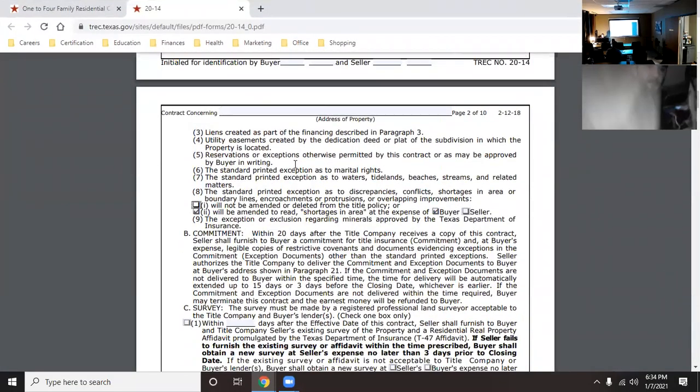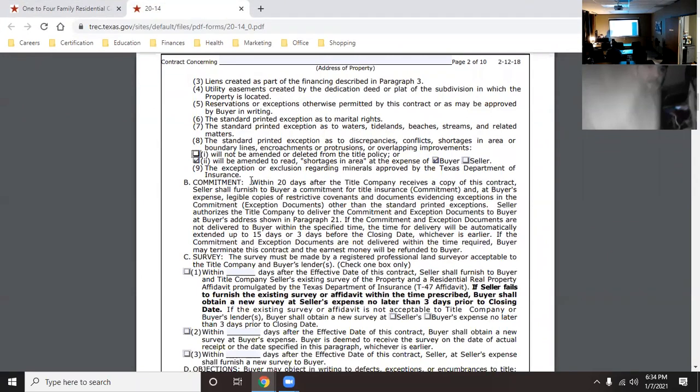Now, you'll notice with B, within 20 days after the title company receives a copy of this contract, the seller shall furnish the buyer a commitment for title insurance. This title company must get the title commitment from the seller to the buyer within that time frame. And that's going to dictate any of those covenants, restrictions, and any other documents or exceptions.